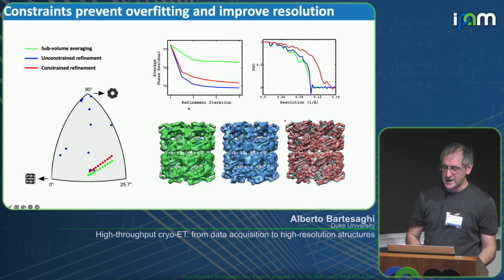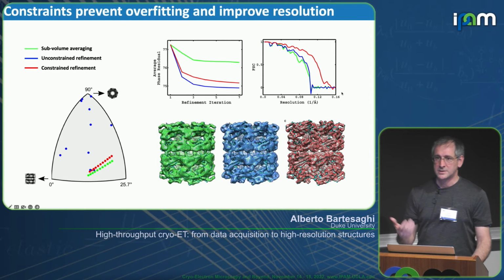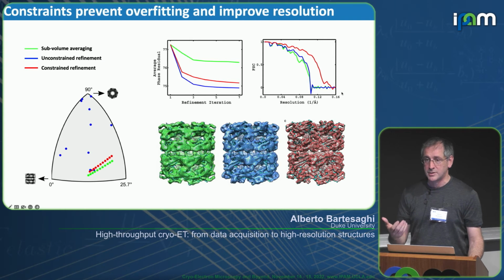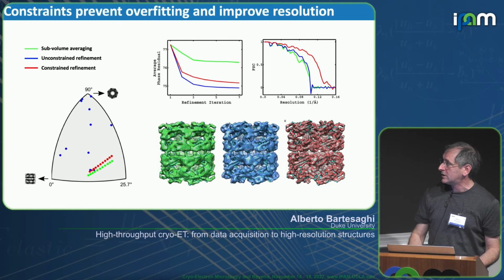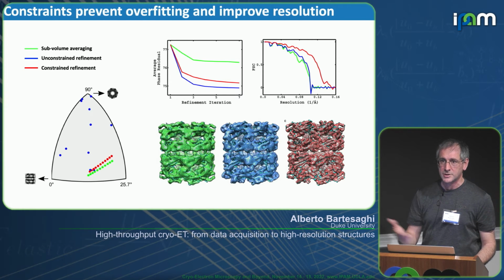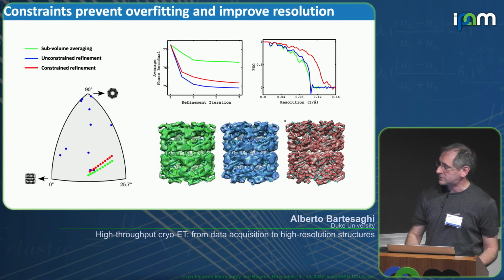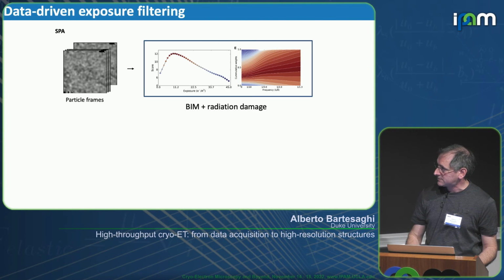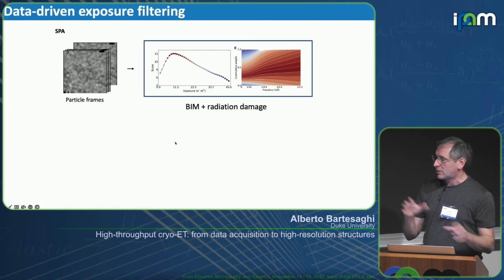So because of that, this actually helps with overfitting and actually increases the resolution. Right, so this is essentially where these constraints come in place, and they're actually really, really powerful. If you turn them off, things don't work because of such a low signal to noise ratio of these individual projections.